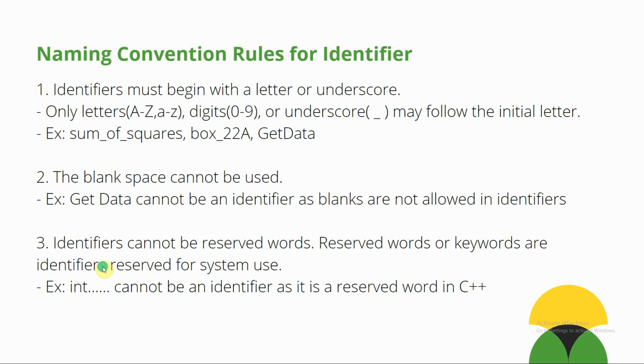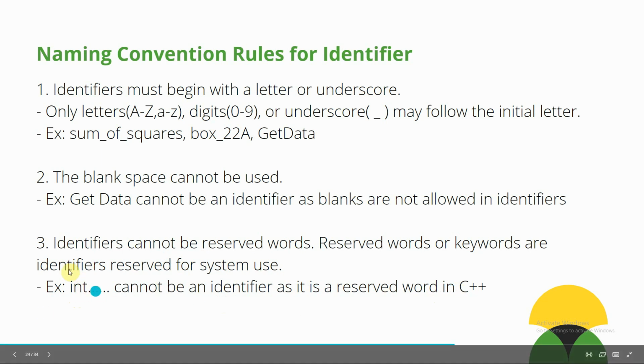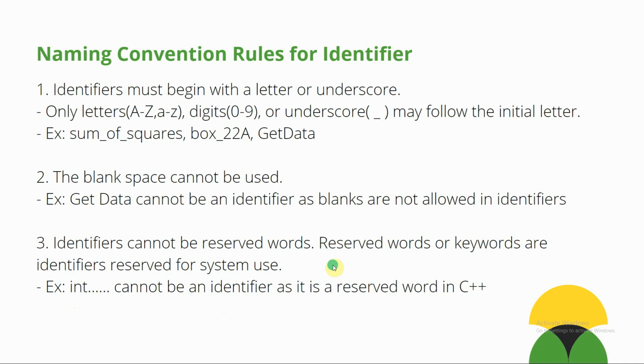And identifiers cannot be reserved words. Reserved words are keywords that are reserved for the system. For example, the small case int cannot be used as an identifier as it is a reserved word in C++. It represents a command or a method in the program.